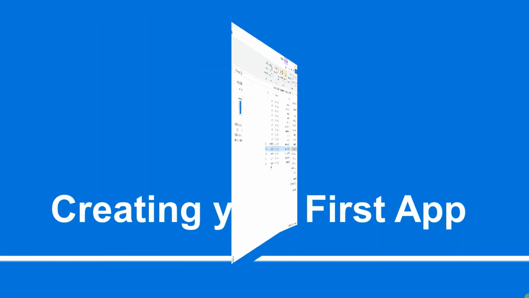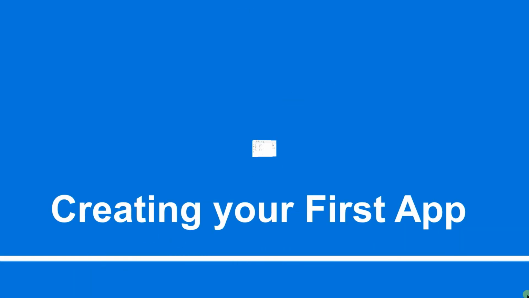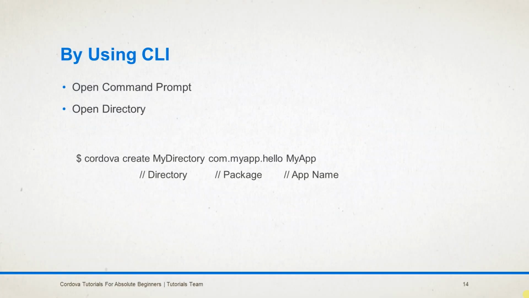What did we learn in this session? For creating an application by using the command line interface, first of all we need to open the command prompt, then open the directory where we want to store our application, then use the cordova create statement with the directory name, package name and the application name.